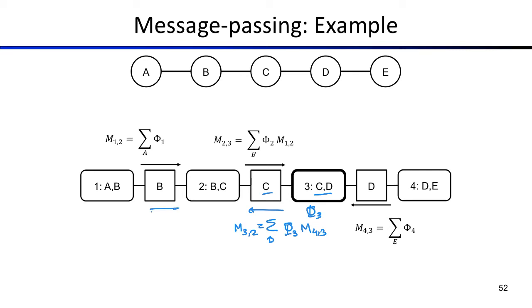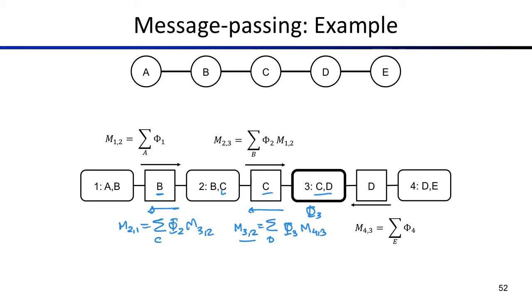And I will be able to send this message, the message from 2 to 1, again an elimination. In this case, eliminate C: it's going to be the big phi 2 times the message I got from this guy here, 3,2.